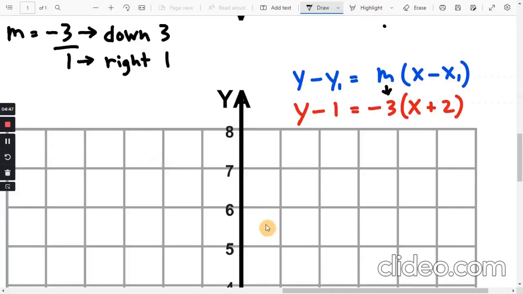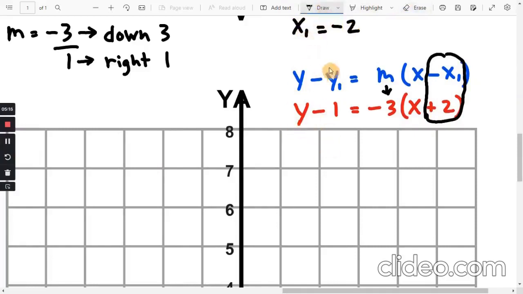Now we need to find a starting point. All right, and if you look at the equation here, we see that negative x1 is positive 2. Okay, so you need to change the sign on that. That means x1 is going to be negative 2.